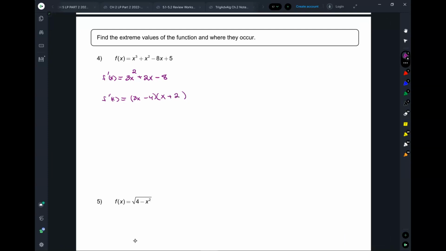So when you set this equal to 0, x is 4/3 and negative 2. Okay. What's the domain of this original function? Right. Okay. And it's not undefined anywhere, right? So here, when I do this, I always write f prime, so I know where I'm plugging it into. Okay.